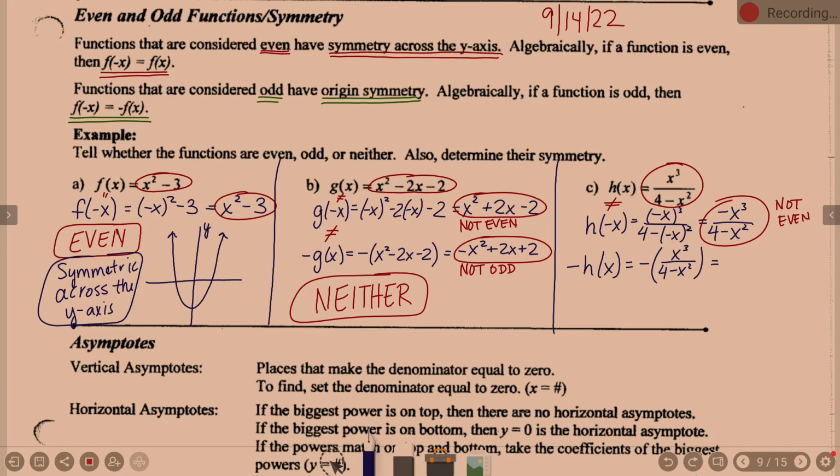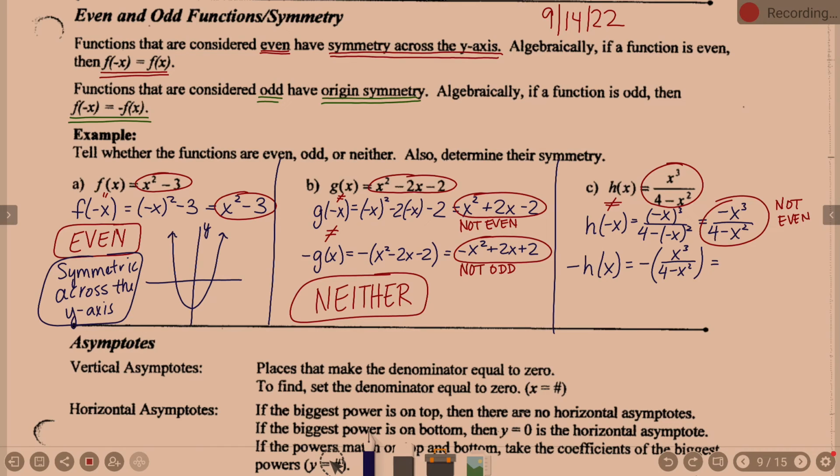Or +1 over -1? Here's the deal. When I'm multiplying a fraction by a negative value, am I multiplying top and bottom by a negative? If I multiply top and bottom by a negative, a negative divided by a negative is a positive. And so I'm only multiplying one piece by a negative. You get to choose. Do you want to multiply the numerator by the negative or the denominator by the negative? And what makes sense in this case?